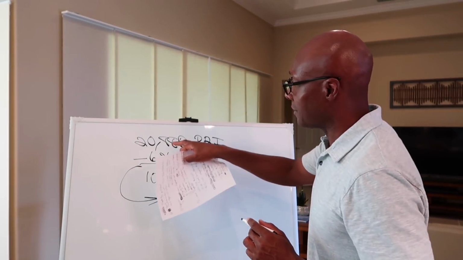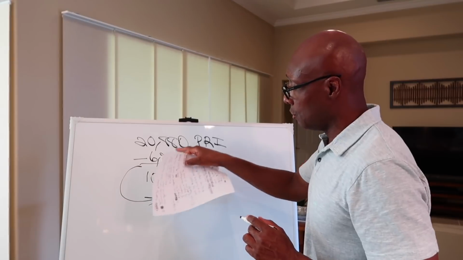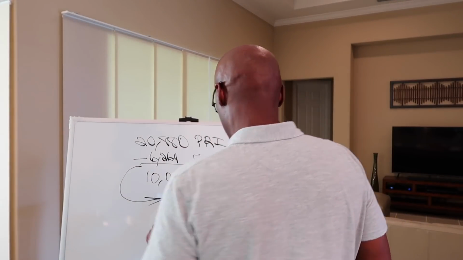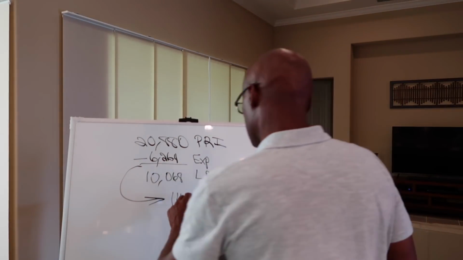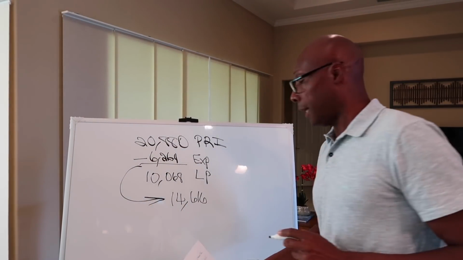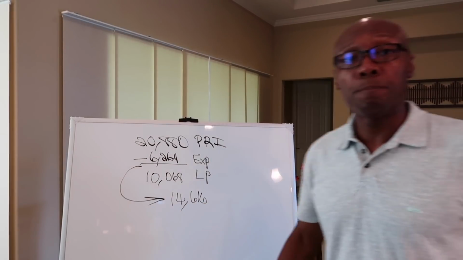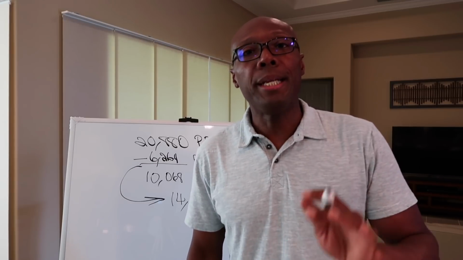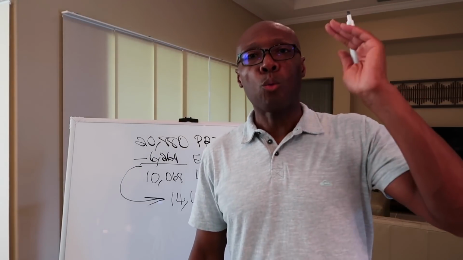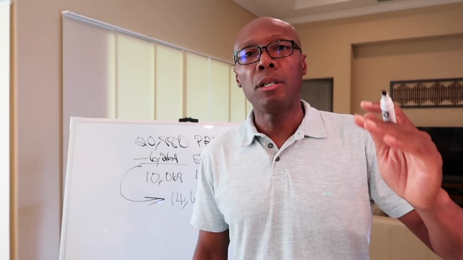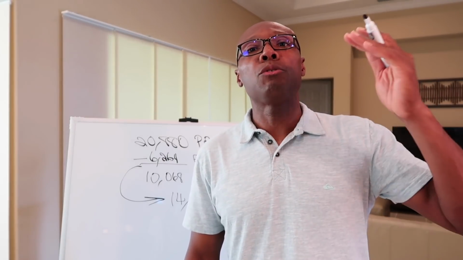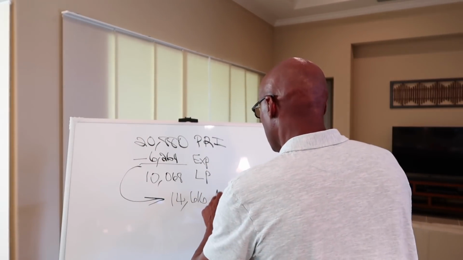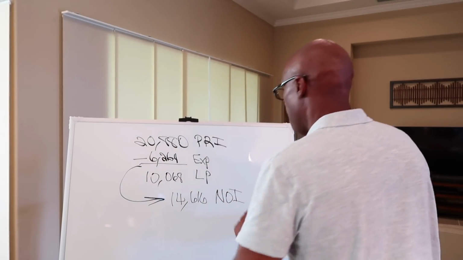Once I take the $20,880 minus out the $6,264, that's going to give me $14,616. Okay. Now what that is right there, that's what we call net operating income, which is simply rental income minus operating expenses gives you net operating income. So I'm just going to put NOI right here. NOI. All right?